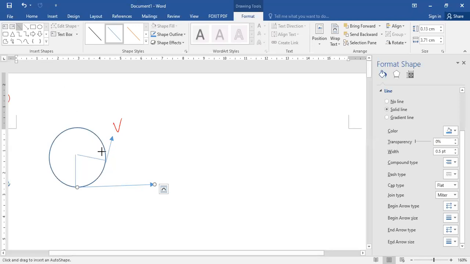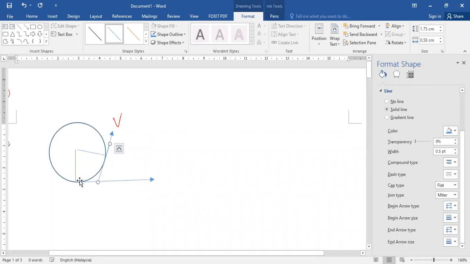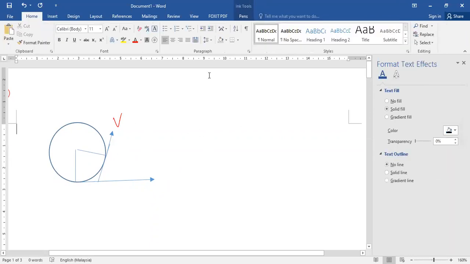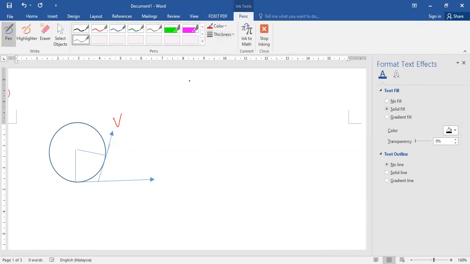So what we need to do is extend the line until they meet each other. What is this distance? Distance travelled. So V equals S over T, right? S is equal to VT, right?